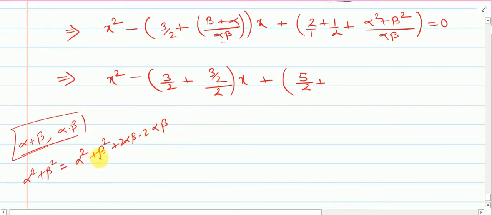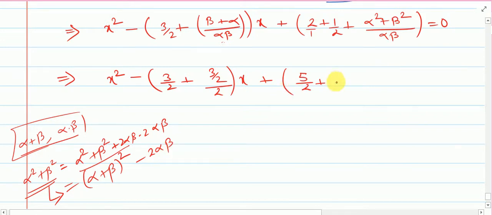Now first three terms can be written as alpha plus beta whole square minus 2 alpha beta. Done. So you can see that alpha square plus beta square have been expressed with the help of alpha plus beta and alpha into beta.